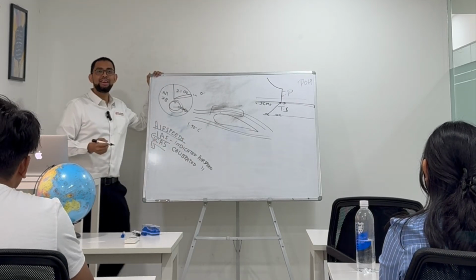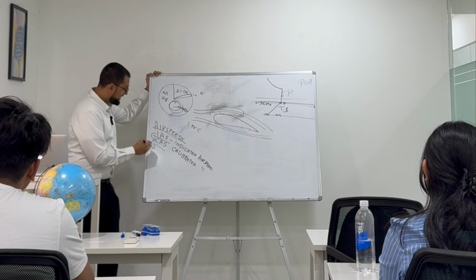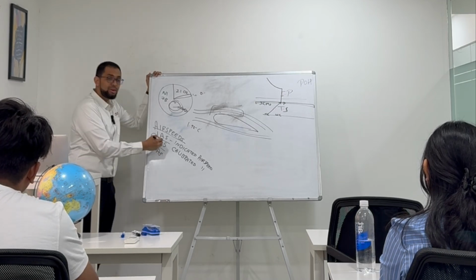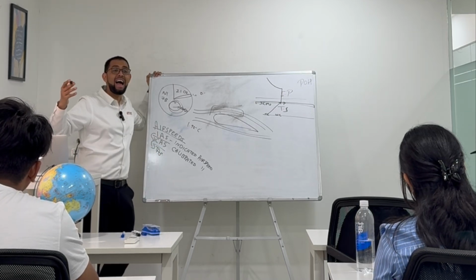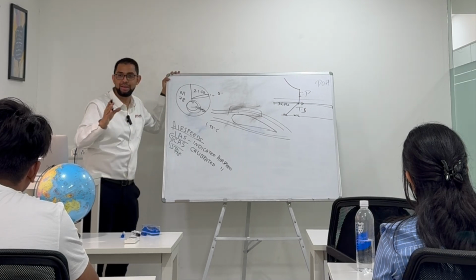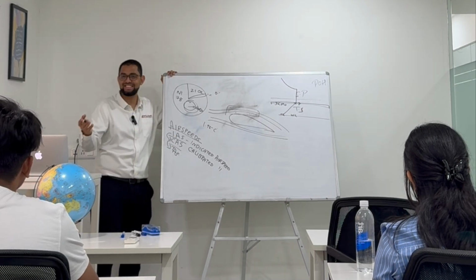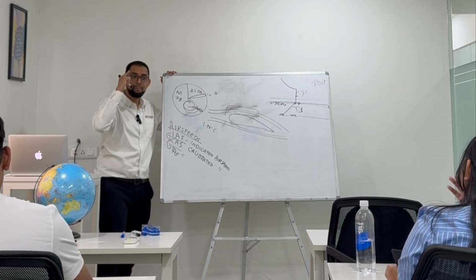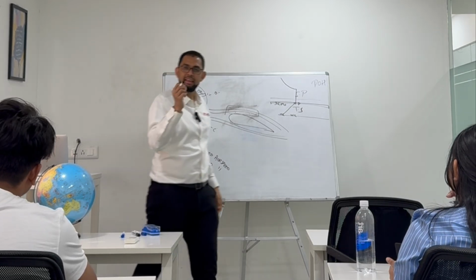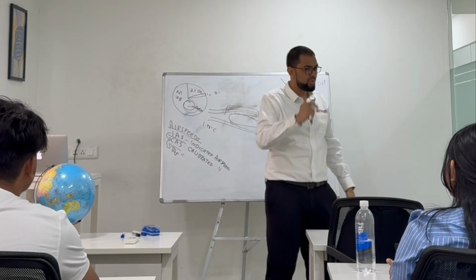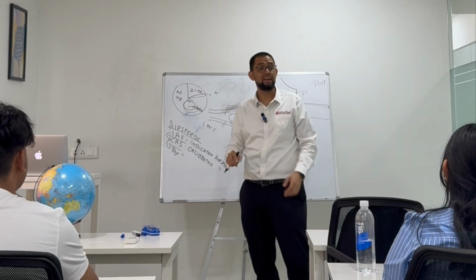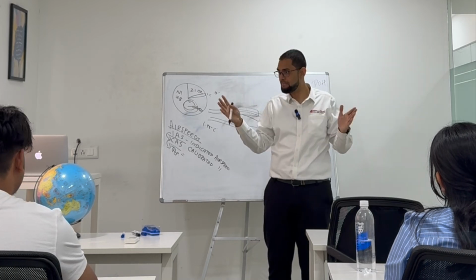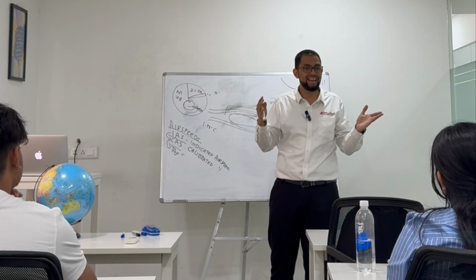Next, you now have to worry about something else. Calibrated airspeed is not good enough. You have to calculate your true airspeed. So these airspeeds are all not the real airspeed. For true airspeed, you have to imagine that the air is at 15 degrees Celsius, 1013.2, density 1.225. If it was according to the ISA, then you don't have to worry about any add or subtract.